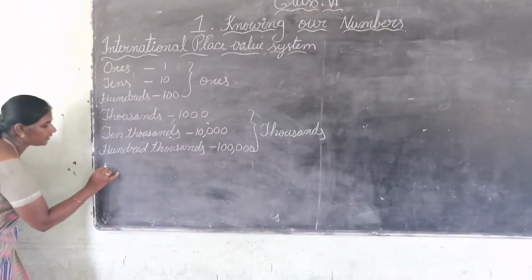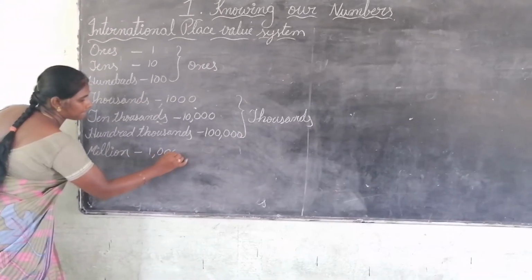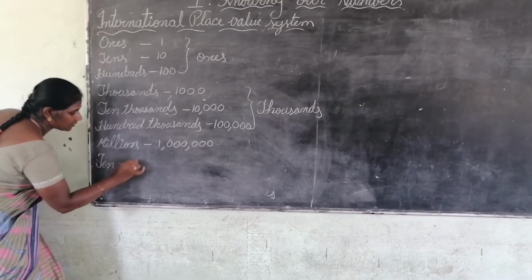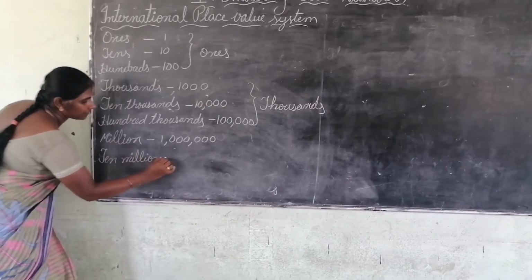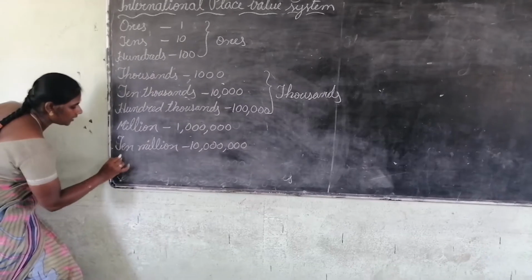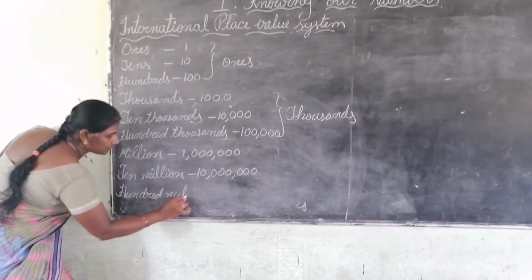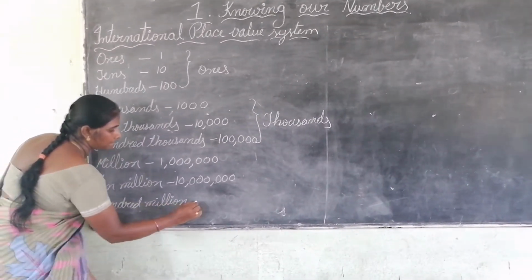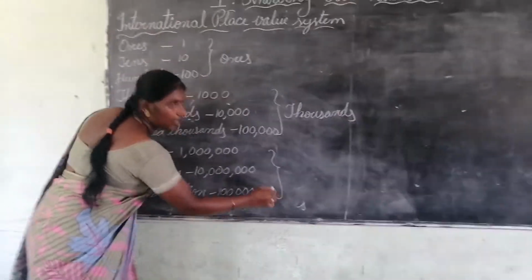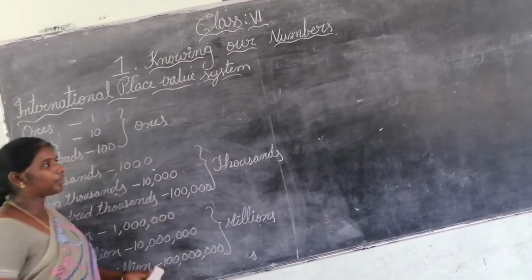Next, million, one million, 10 million, 100 million. These three come under the millions period.